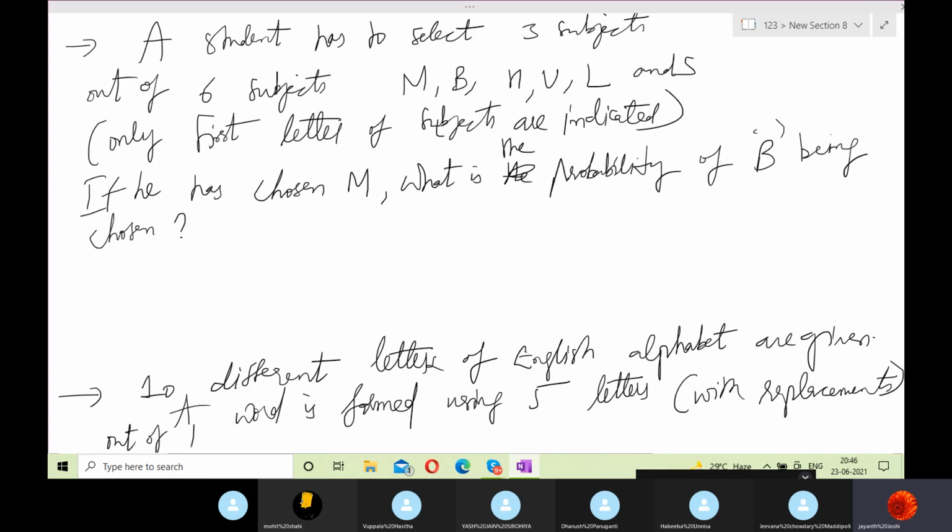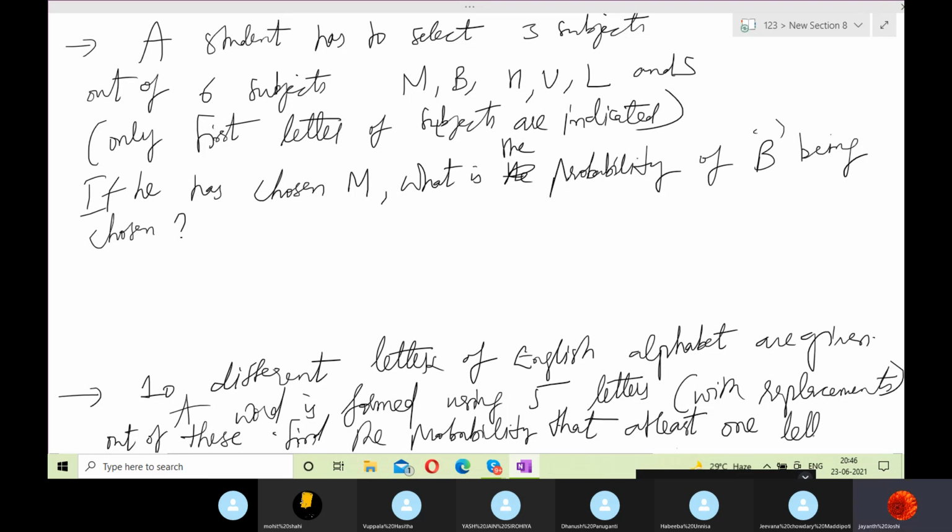Out of these, full stop, find the probability that at least one letter is repeated in the word.